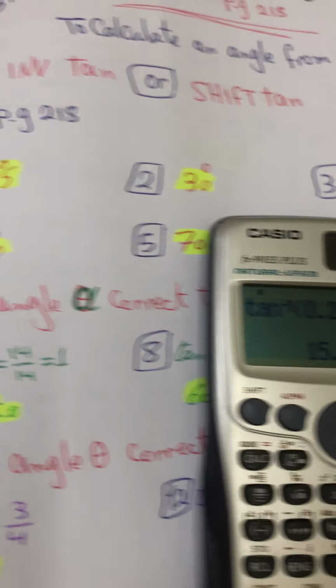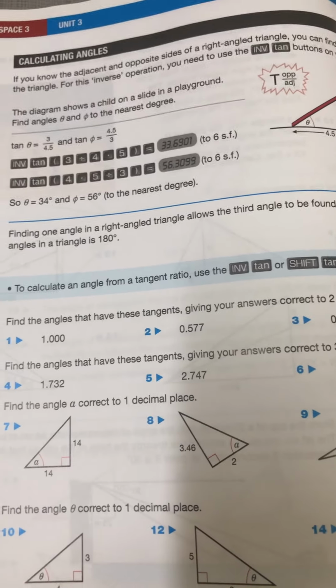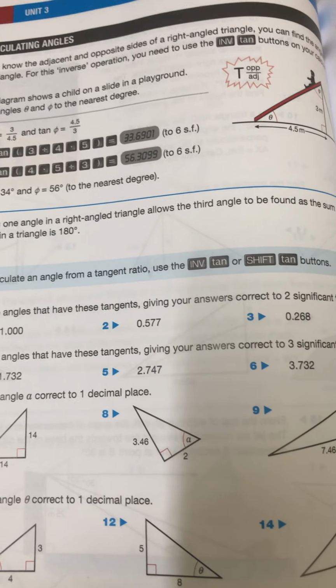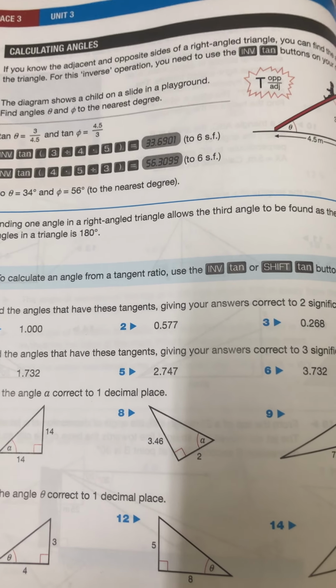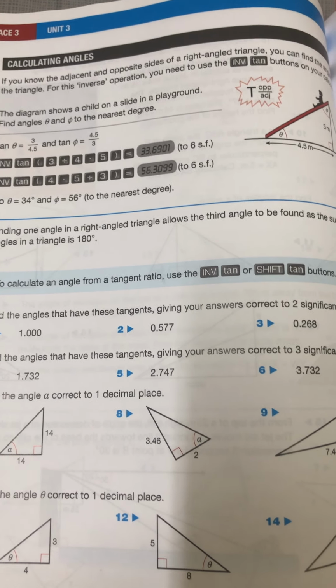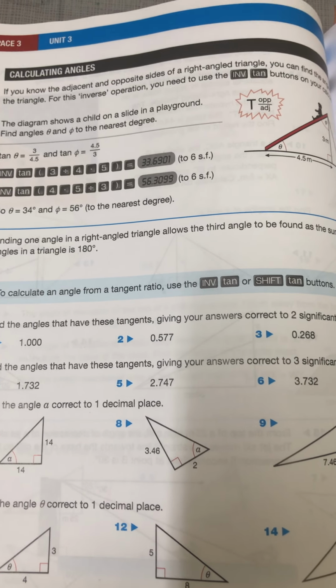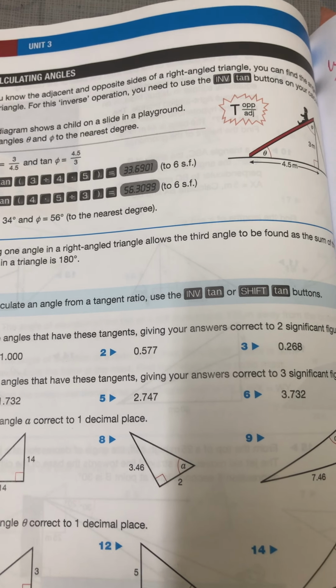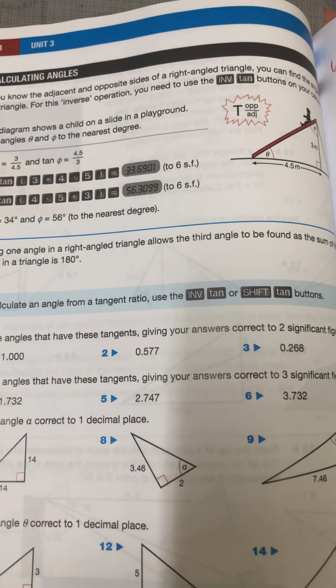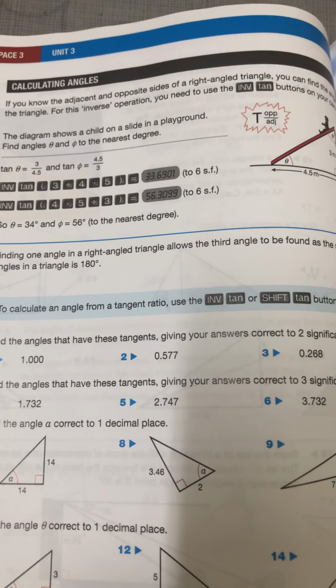Okay, so for questions 1, 2, and 3, exercise 2, page 218, he gave me the tangents and asked me to give the angle, calculating angles, and write the answer correct to two significant figures.